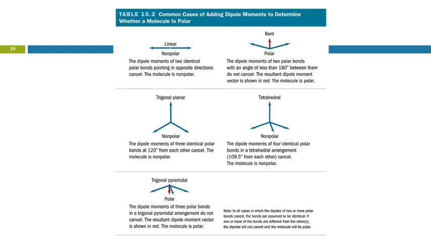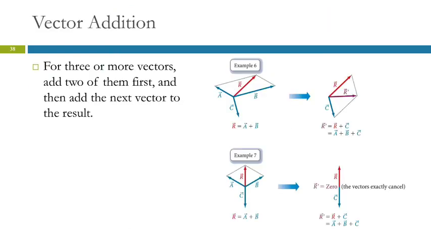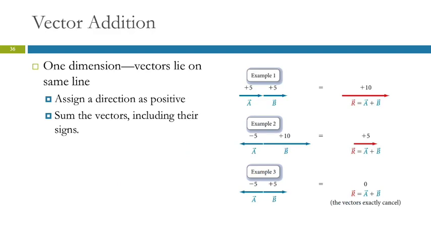So let's go back and look at vector addition, because we're supposed to. You should have learned about this at some point in math class, but you probably deleted that to make room for more important things. So, review of vector addition.